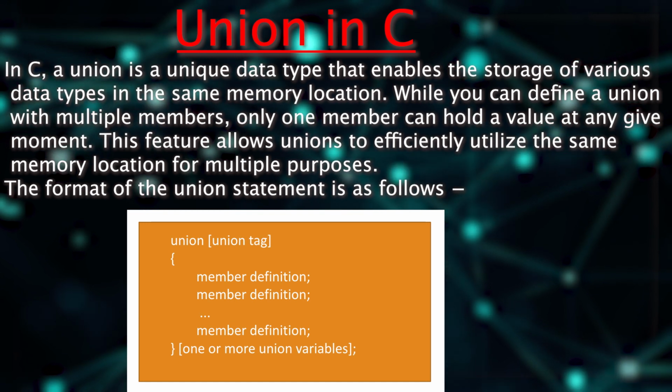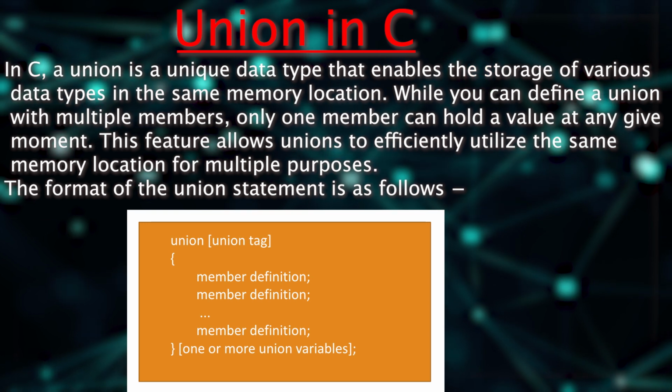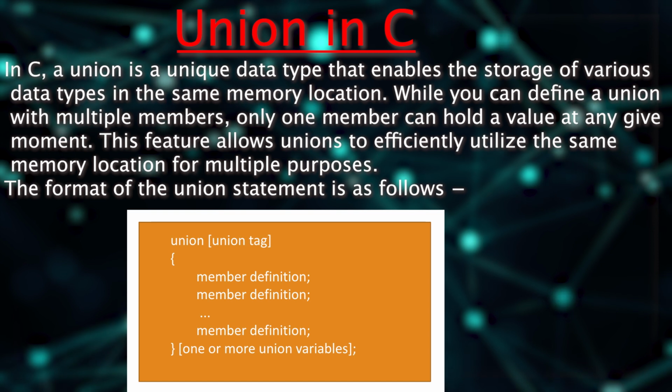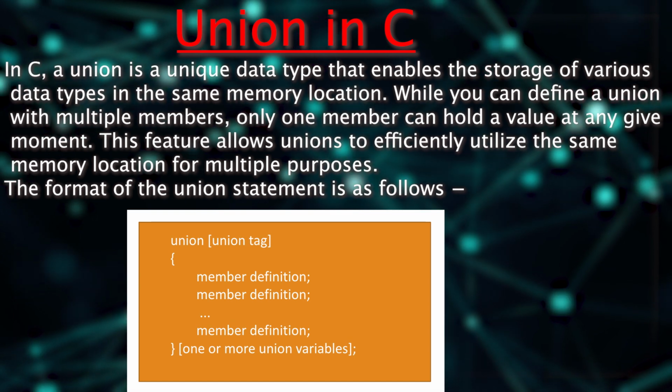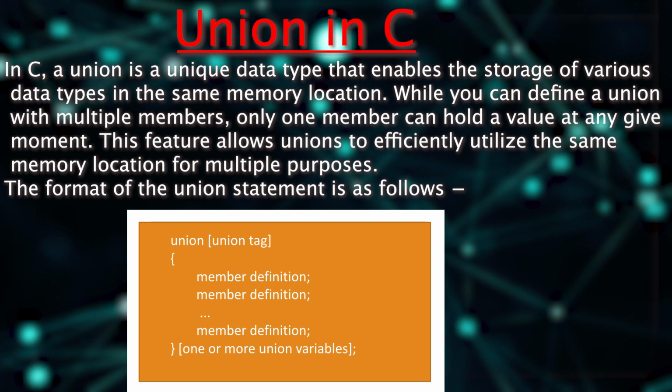This is the simple syntax to define or declare a union. Here union is a keyword. After the union keyword, we need to provide the name of the union, the opening curly brace and the closing curly brace. Under this, we need to provide the members of the union which we want to put inside it. Unions are commonly used in situations where you need to represent different types of data that share the same memory space, or when you want to save memory by ensuring that only one member is used at a given time.